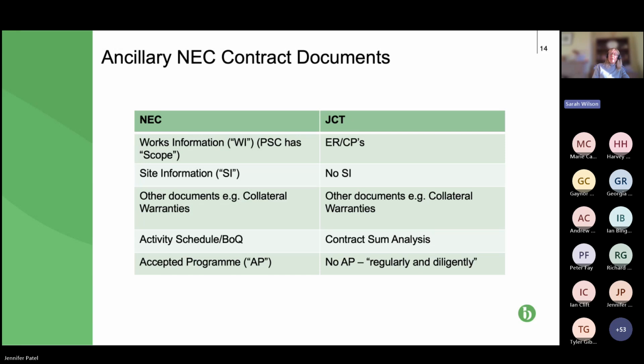So it means that there's more flexibility with JCT, but also more scope for disagreement, because obviously what's reasonable to me might not be reasonable to you, because we're coming at it from different perspectives possibly. And even when you're looking at rates in the contract sum analysis, there's always reasons why one party might not be happy with them.